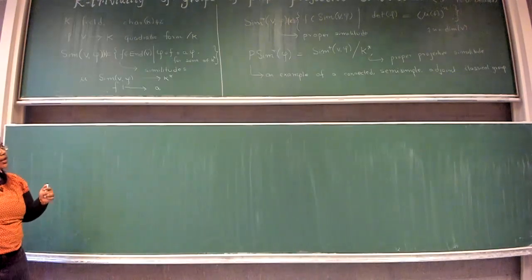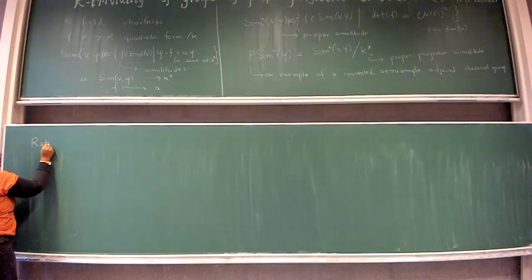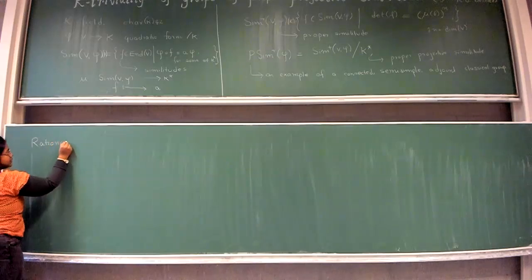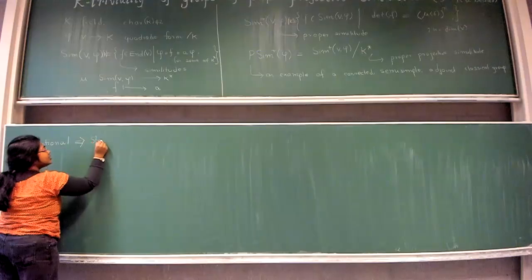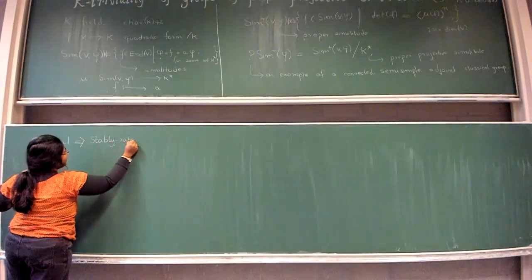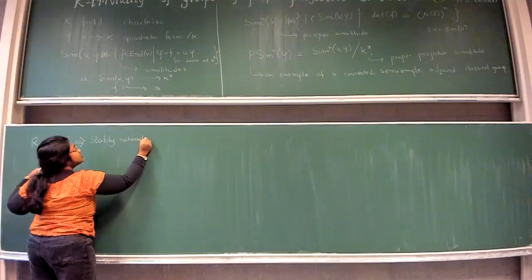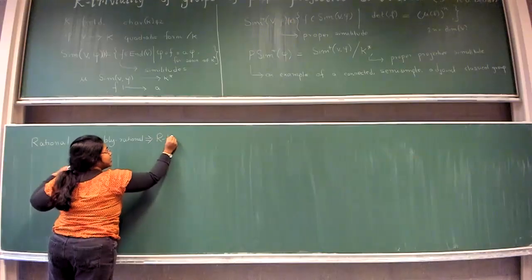Rationality is the strongest version, which implies stably rational, and another weaker version is R-triviality.